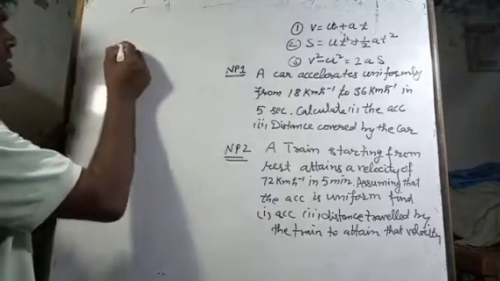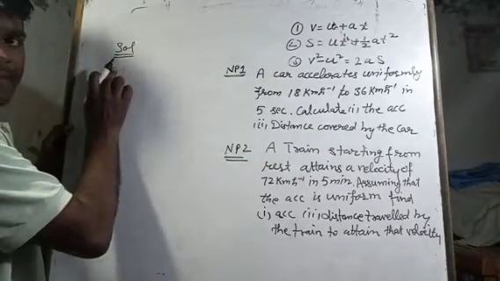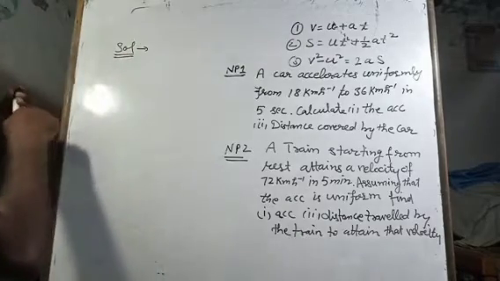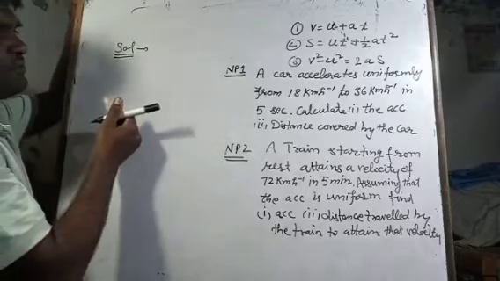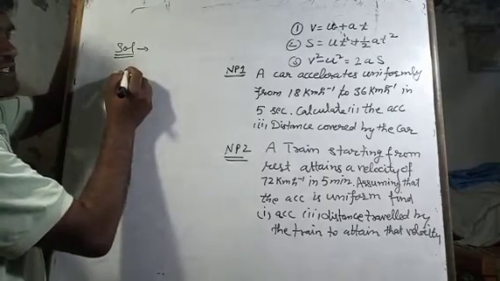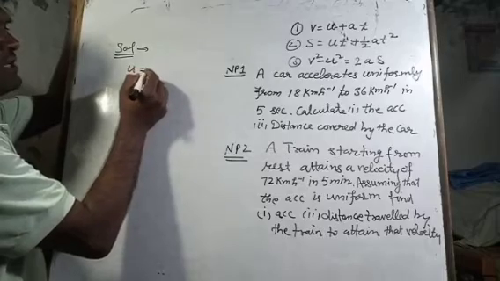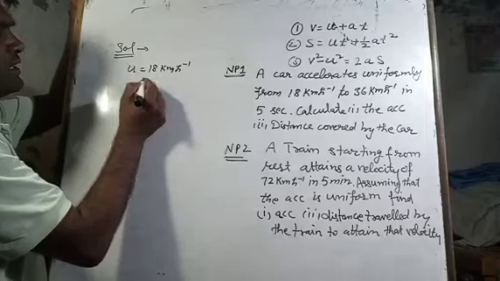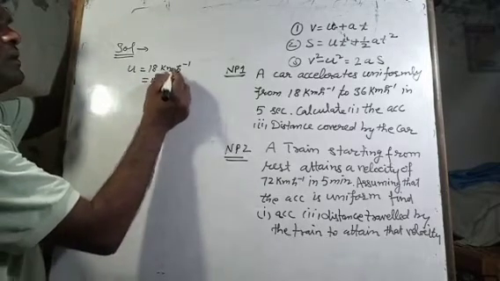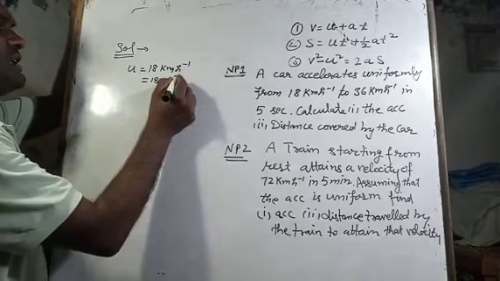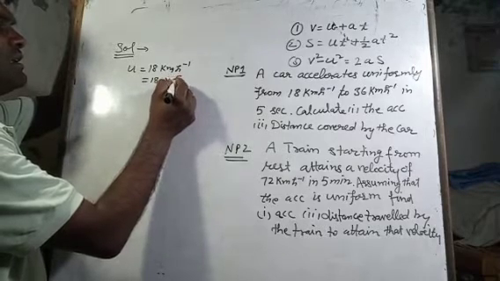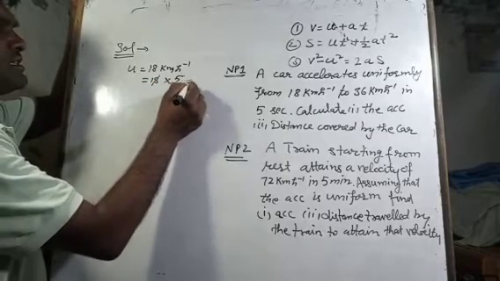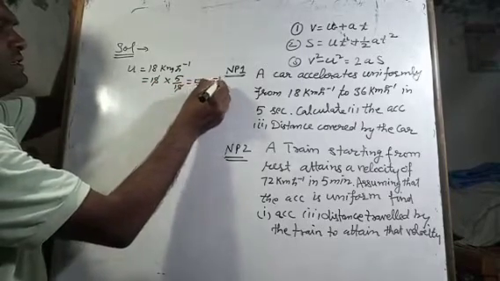So to solve the first numerical, the velocity was changing from 18 km per hour to 36 km per hour. Hence we can write the initial velocity as 18 km per hour. To change it into meter per second, let's multiply it by 5 by 18, such that this will be 5 meter per second.